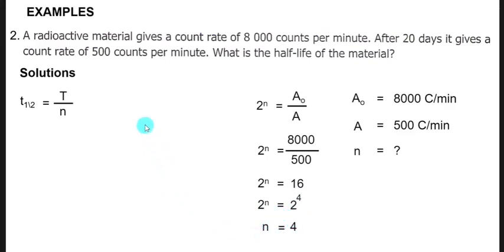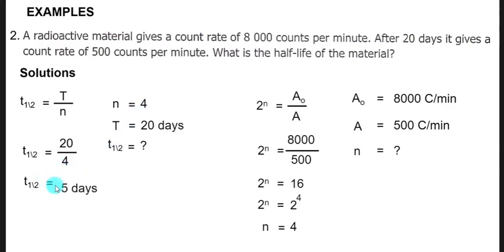Then you have total time equal to 20 days, and half-life is not known. So half-life is equal to 20 days divided by the number of successive half-lives. When you divide this, you get 5 days. So this is how it works.